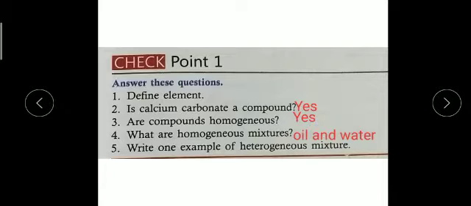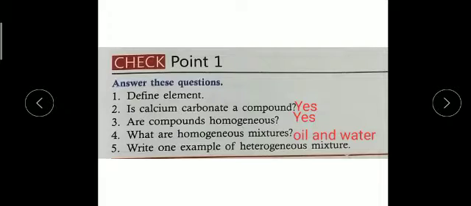What are homogeneous mixtures? As we have discussed earlier, a homogeneous mixture has uniform composition throughout the mixture. Many examples are given in your book, like alcohol and water, milk, aerated drinks, alloy also. Any one you can write.